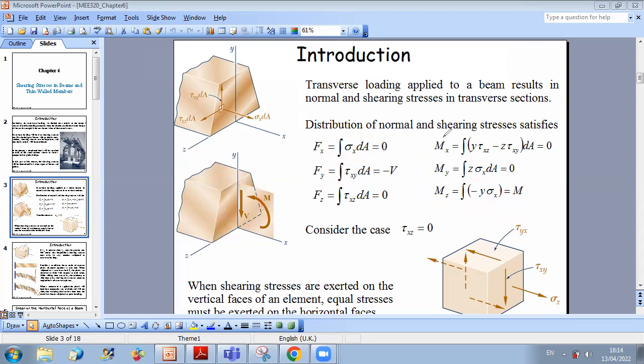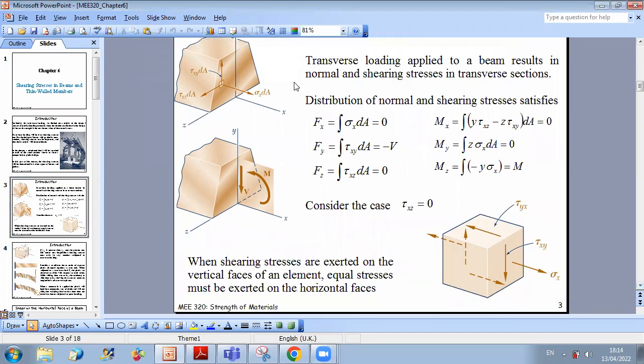Now, if you consider the following figure, we can see that whenever we have shearing stresses in a certain plane, this will automatically create equal stresses in the horizontal faces. Why? Because if you take a certain small element of your beam, you have shear forces developed in this cross section.